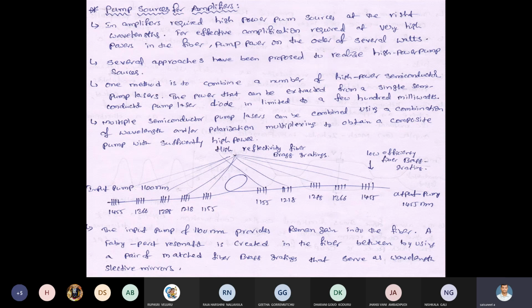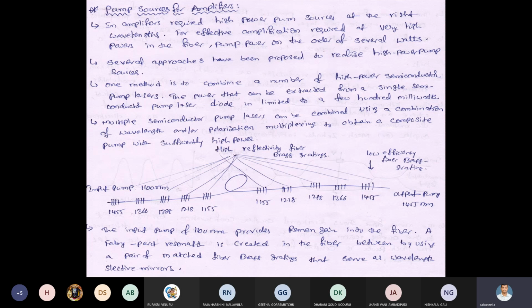Here, what is the power of the pump sources? It should be high, in terms of several watts. There are different methods available for designing these pump sources. One of the best methods is to combine a number of high power semiconductor pump lasers in a serial manner.